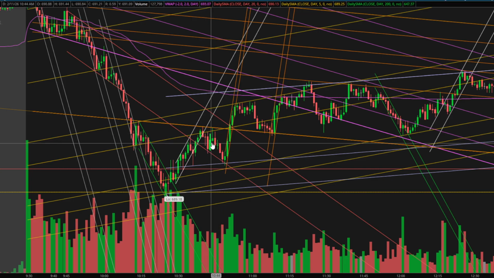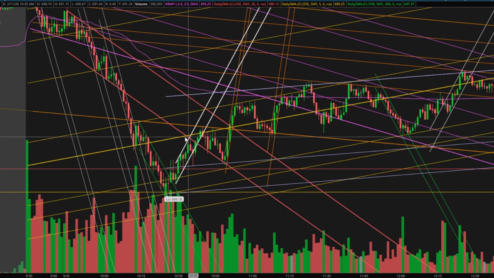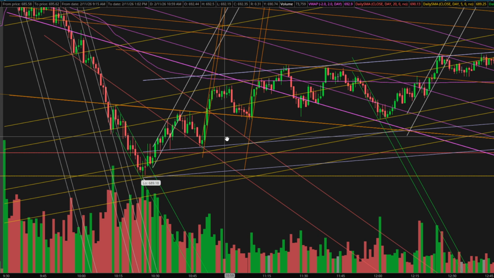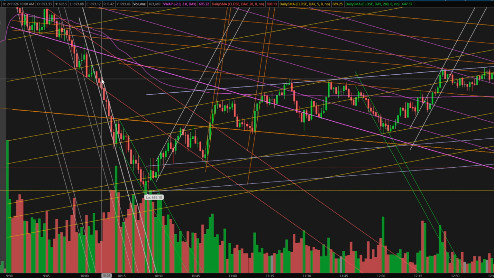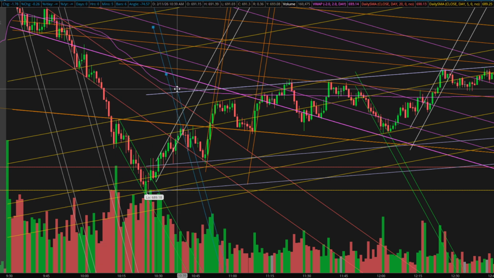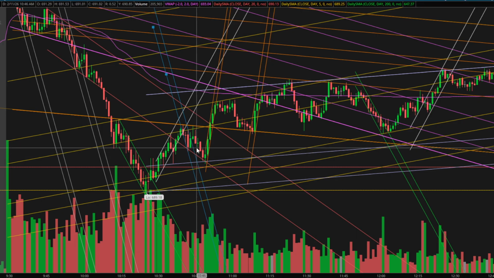I think on the retest here. I don't think I had gold, or no, I did have gold at that point. Yeah, I think there was maybe another line I had drawn here that made it make more sense. Maybe it was this gray. That's what it was, which was kind of a mistake. So it broke that gray, and that's where I'm jumping in here.